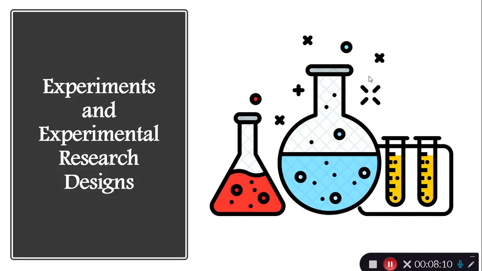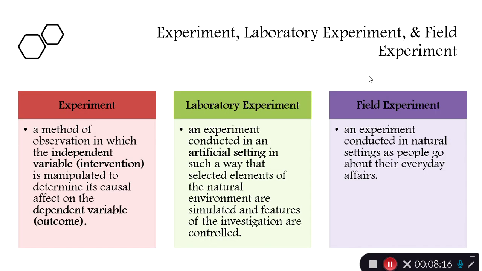So now let's talk about this concept of experiment and experimental research designs. Essentially, an experiment is a method of observation in which the independent variable or intervention is manipulated to determine its causal effect on the dependent variable or a client outcome.